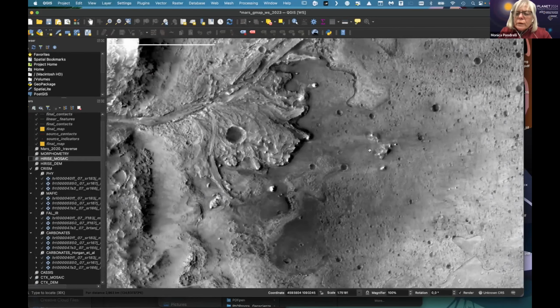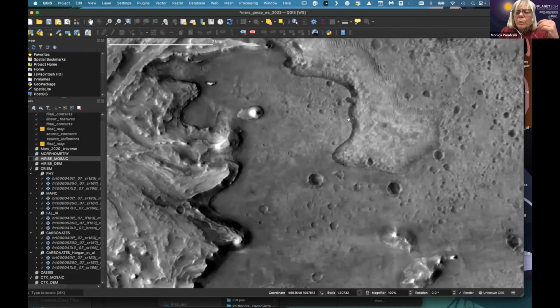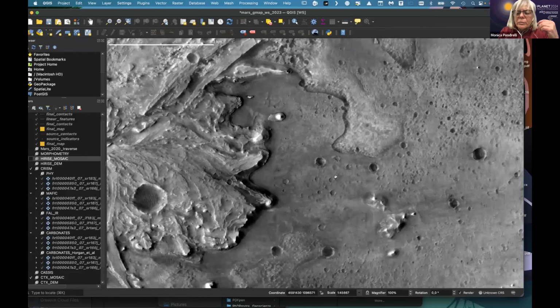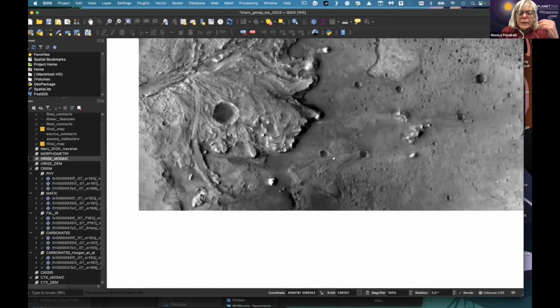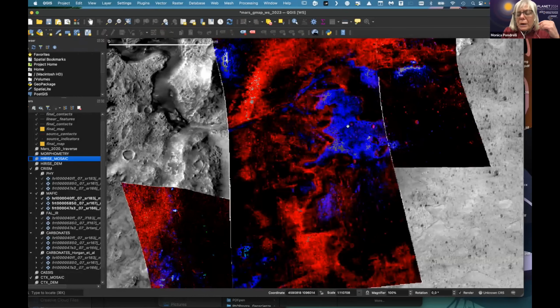Then we have this unit D. I was mentioning this at the beginning, like here it's darker. The darkest unit of our area stays clearly on top of unit C. It's a little bit less rough than the other unit, and it is characterized by this pyroxene content.